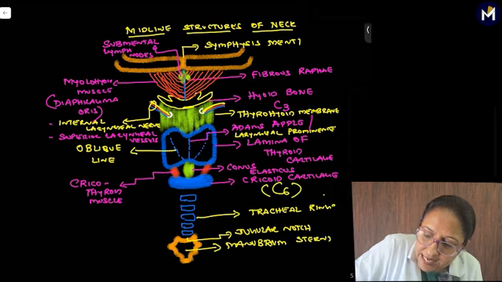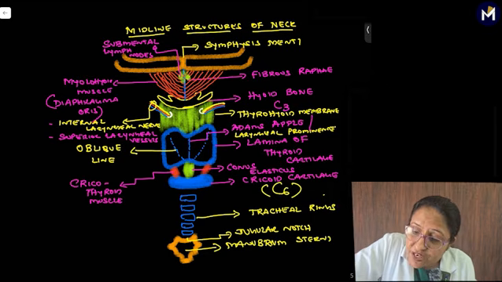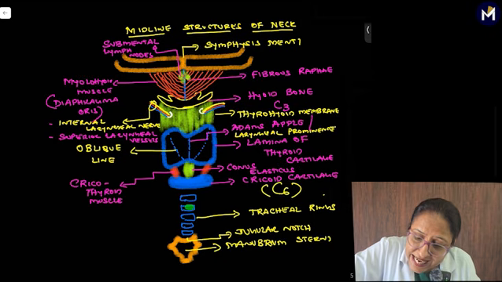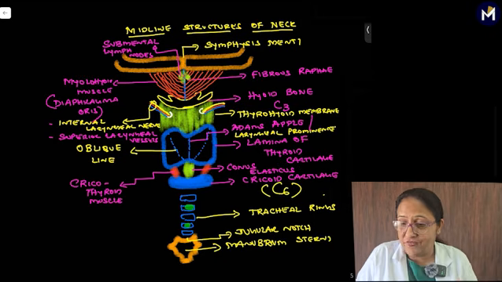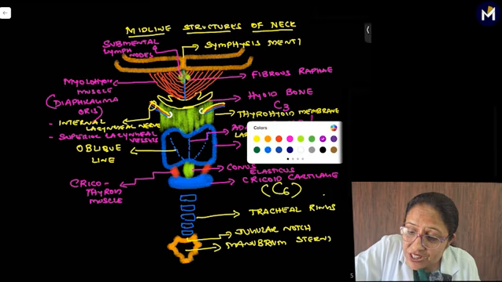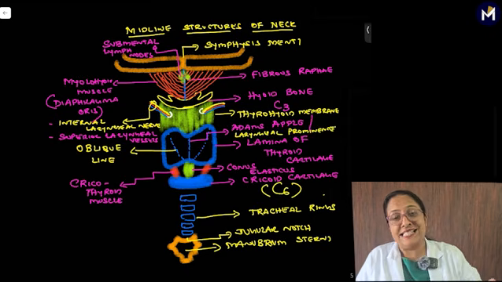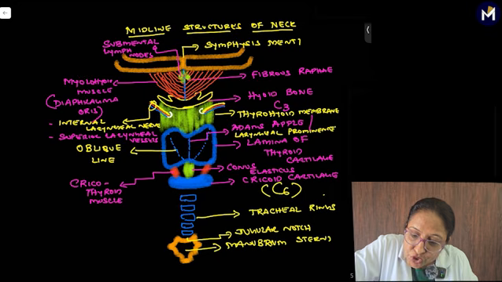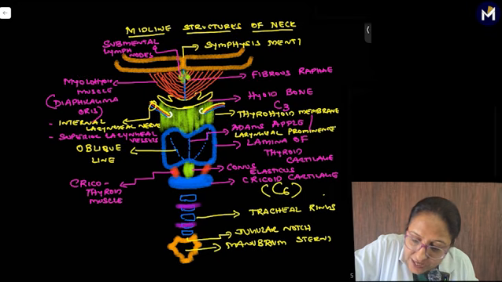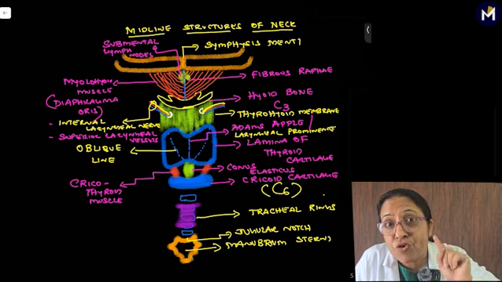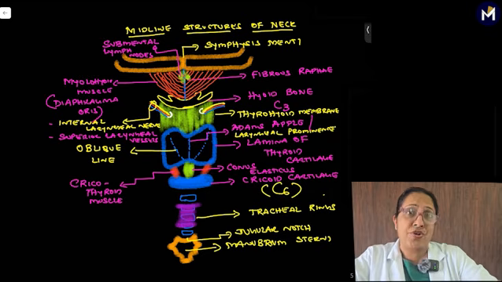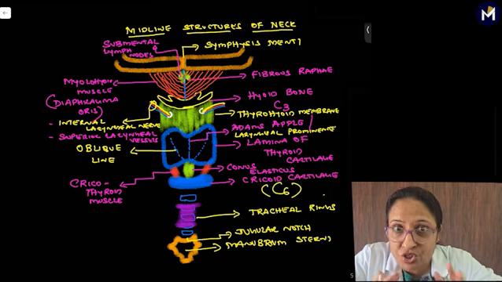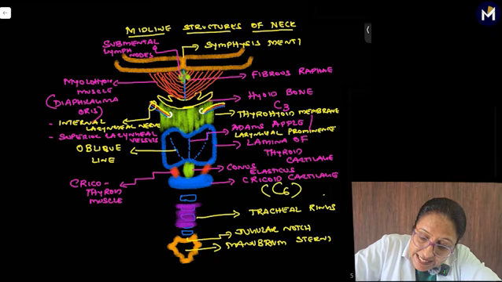Now, right in front of second to fourth tracheal ring, we have the very important gland, that is our thyroid gland. So the isthmus of the thyroid gland lies against second to fourth tracheal ring. This is extremely important to remember when you do tracheostomy. So this is the isthmus.